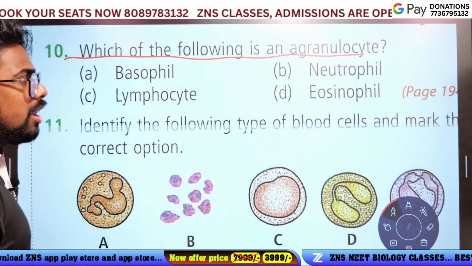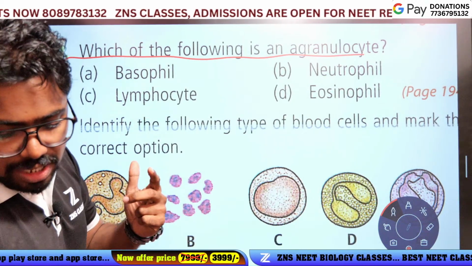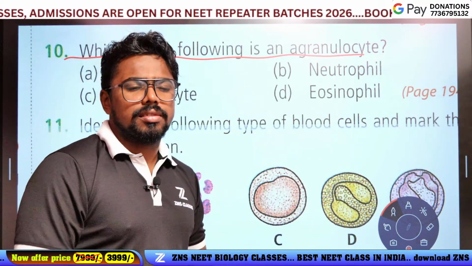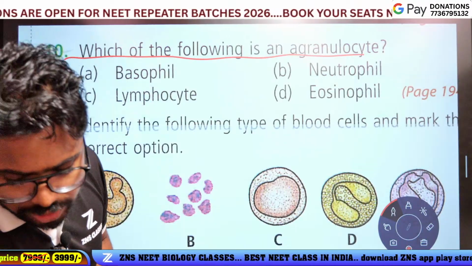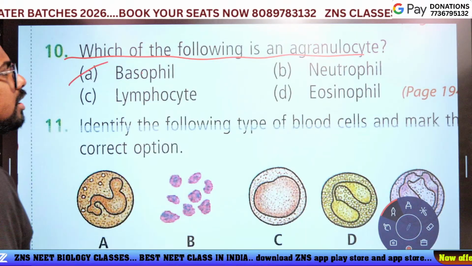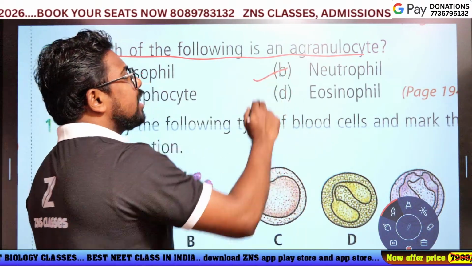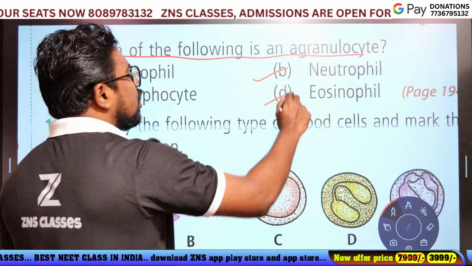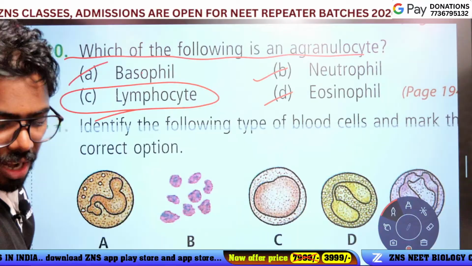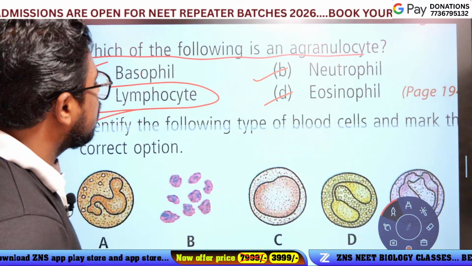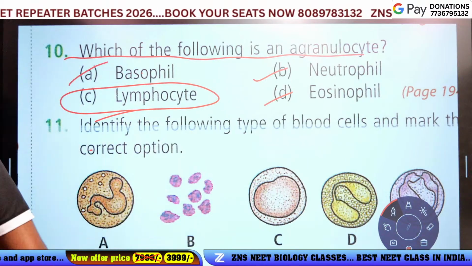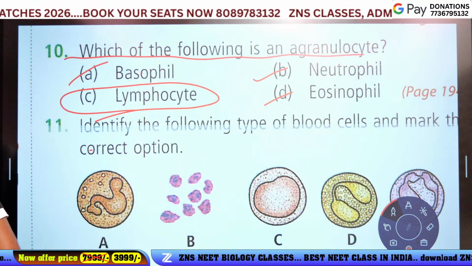Basophil, neutrophil and eosinophil are granulocytes, but lymphocytes are agranulocytes. Which is the answer? Option C is the answer.